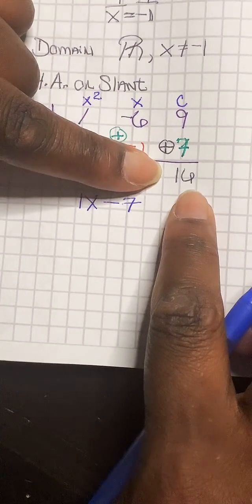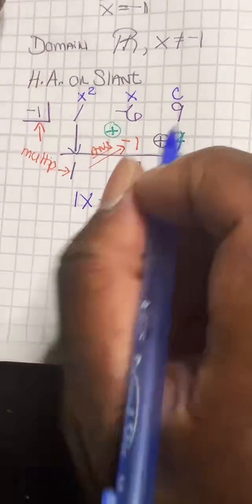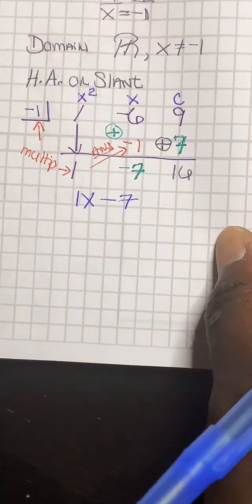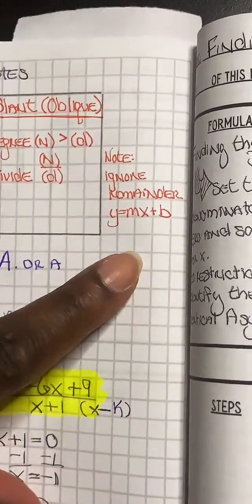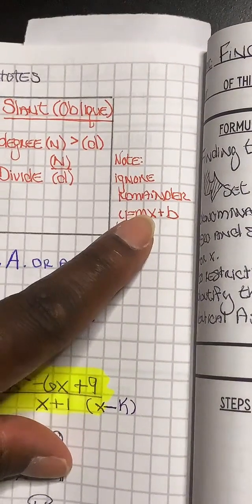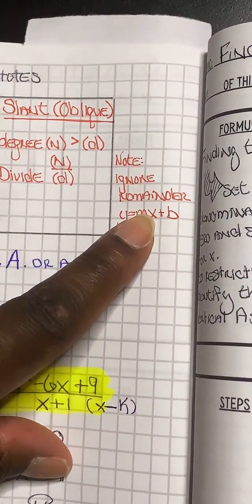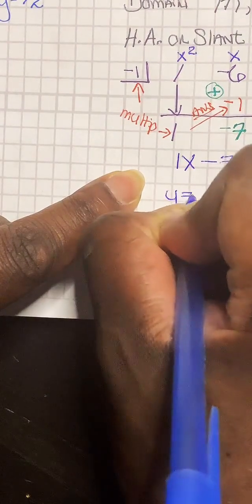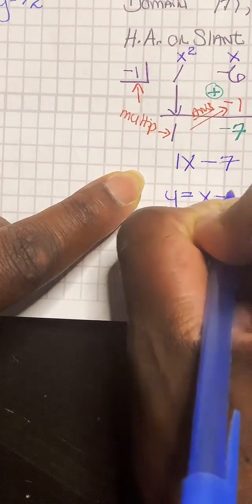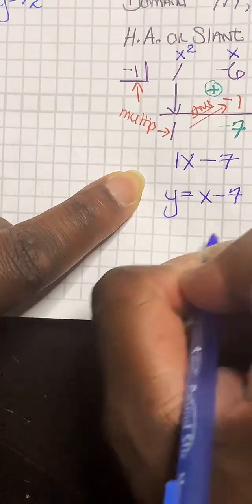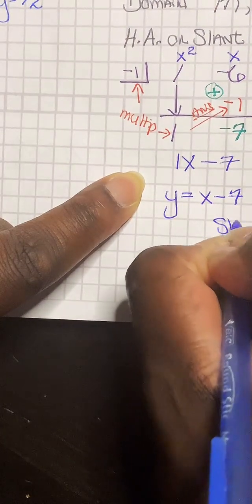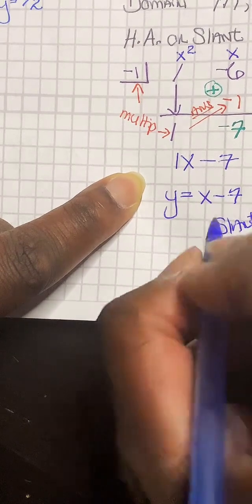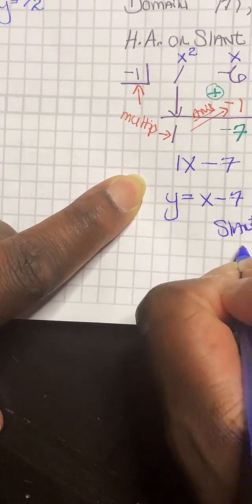And that means the 16 is my remainder. So just like I mentioned before, ignore the remainder. What you found is the equation of the line of your slant. It's your slant or your oblique.